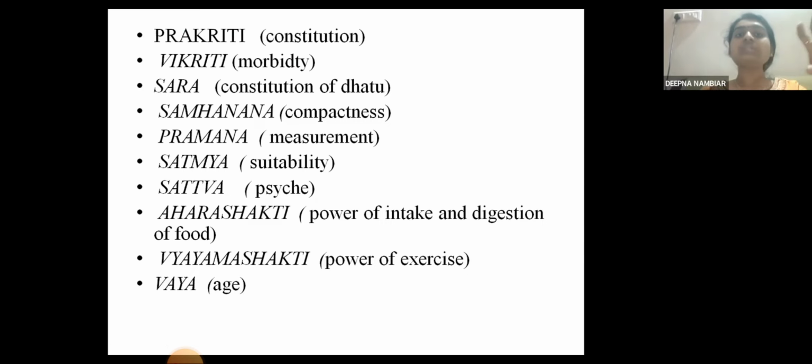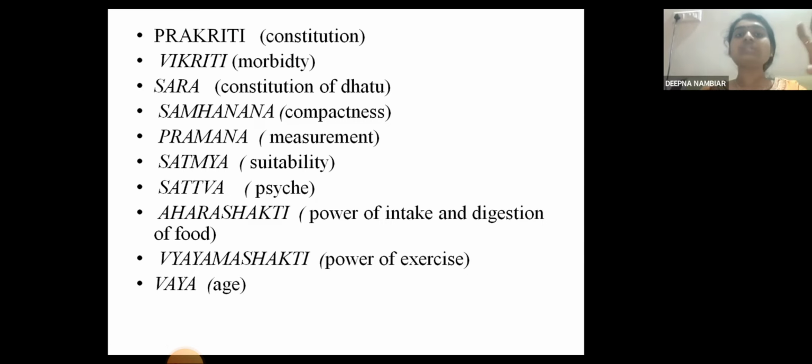First is Prakriti, second is Vikriti, next is Sara. Sara means altogether the sum of the dhatus that we have in the body. Samhanana means our compactness, or the nature of our body.